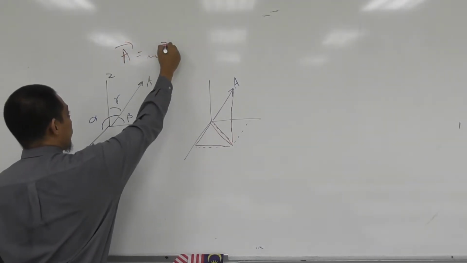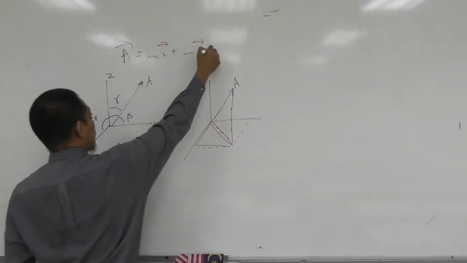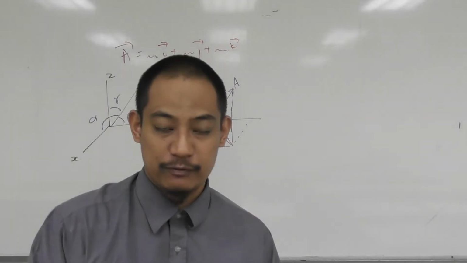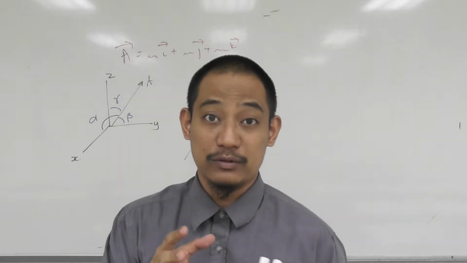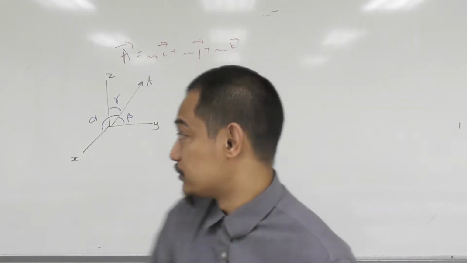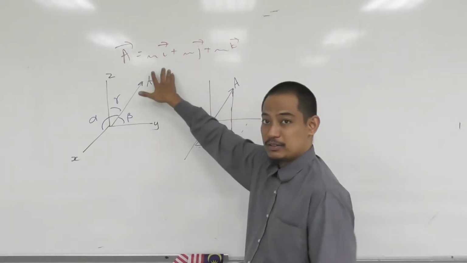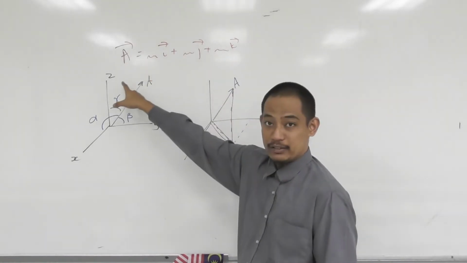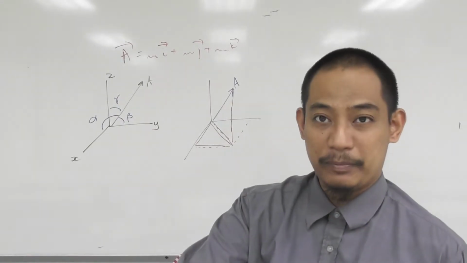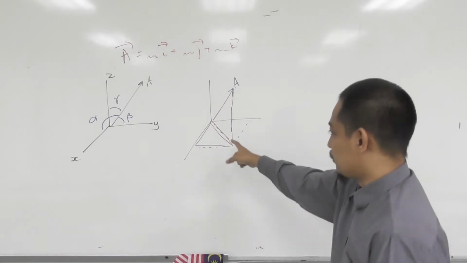Whatever is i plus whatever is j plus whatever is k, right? Because in the end, the first step of problem solving that we have tried so far, for example in getting the resultant force, is establishing the force vector in Cartesian vector form. But there are applications where you do not have this information.